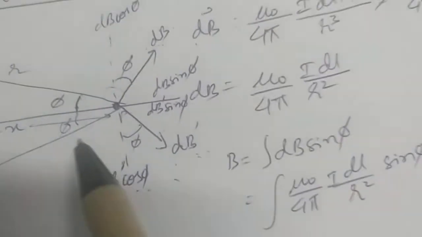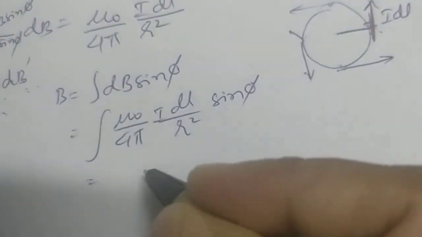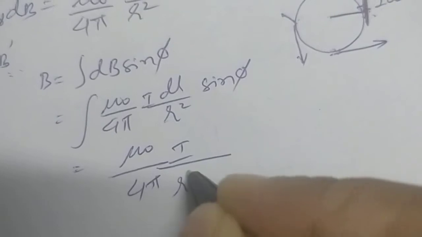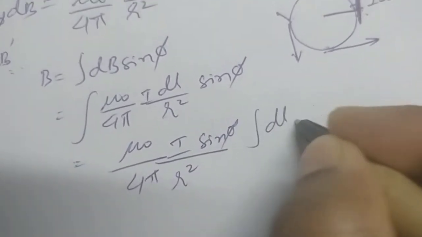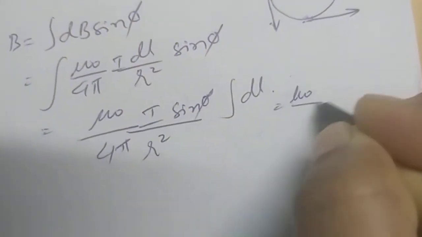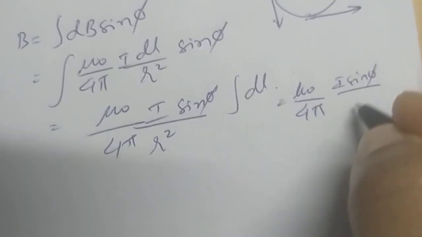Phi is also constant, because for any point on this loop phi will remain the same. So sin phi can also be taken outside. So μ0 by 4π, I by r squared, sin phi, integral dl.